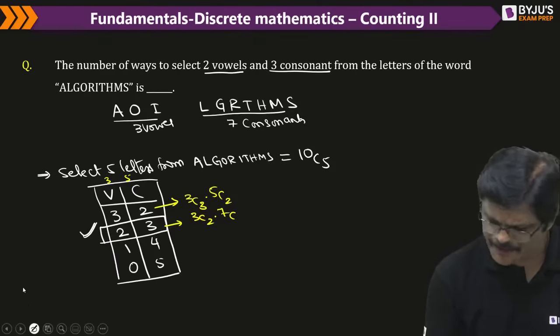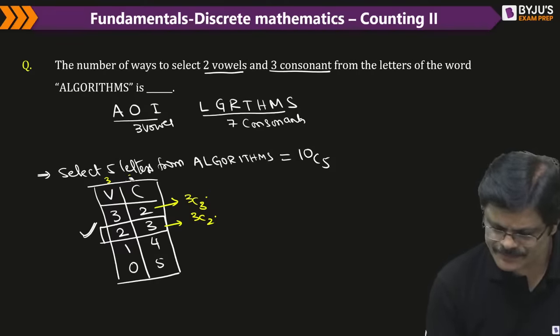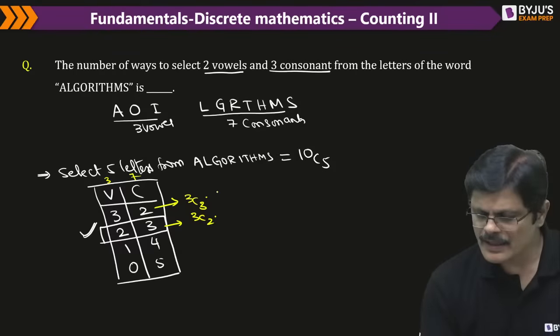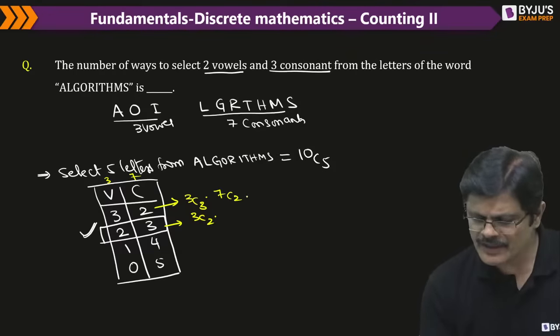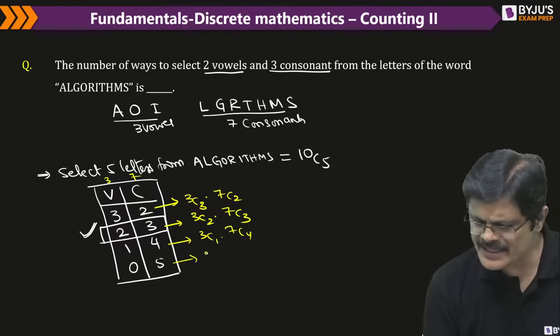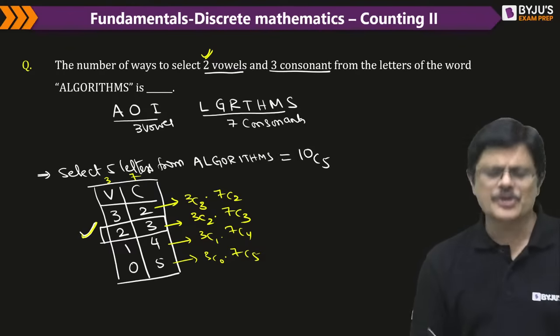Sorry, it is 7, right? So 3C2 into 7C3. This is 3C1 into 7C4. This is 3C0 into 7C5. So in this particular problem, he asked only this particular situation.